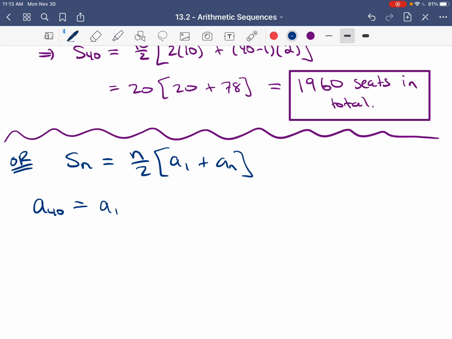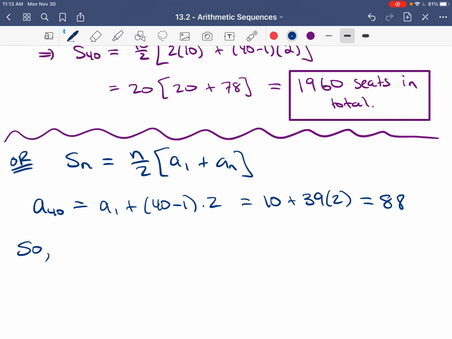This is going to be a_1 plus 40 minus 1 times d, which is 2. a_1 is 10, so this is 10 plus 39 times 2. 39 times 2 is 78, plus 10 is 88. So using the other formula, S_40 is 40 over 2 times (10 plus 88), so that's 20 times 98.